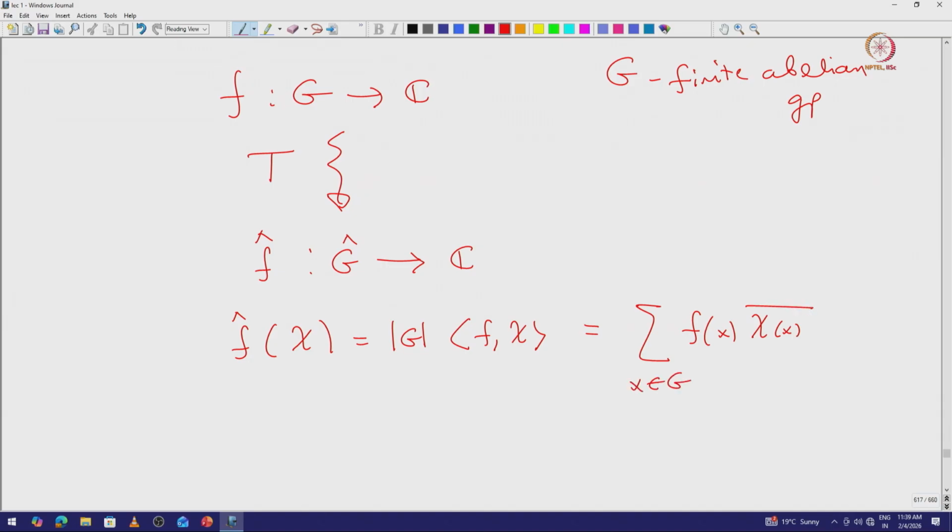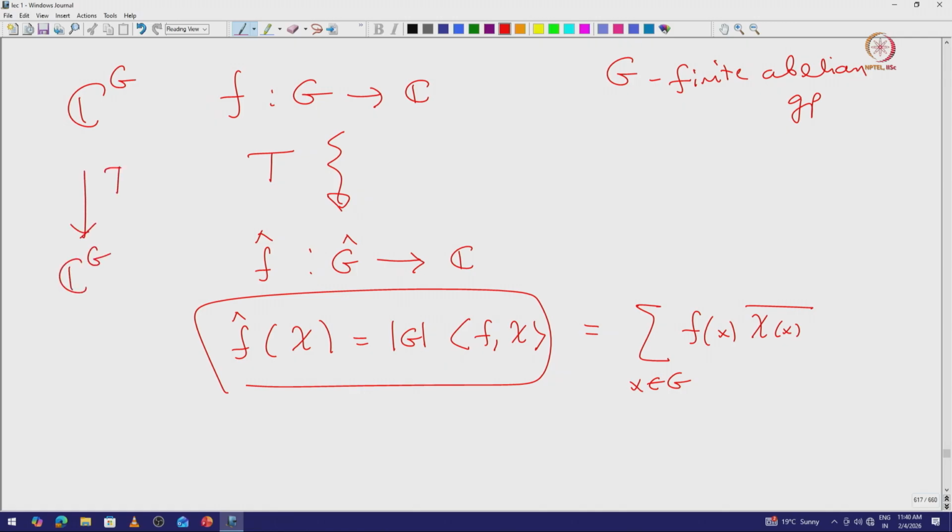Since f hat is defined using the inner product, and the inner product is linear in the first variable, it is clear that this map T is indeed a linear map from C G to C G hat.